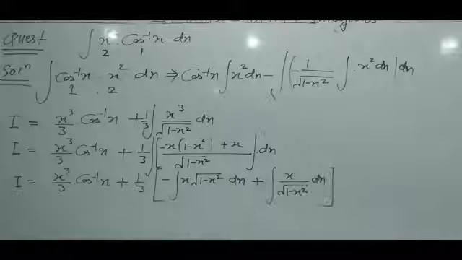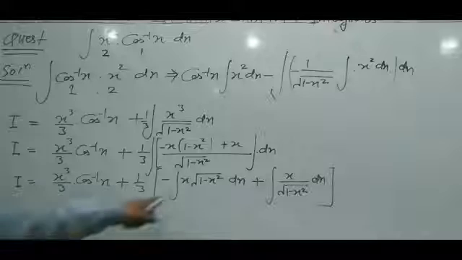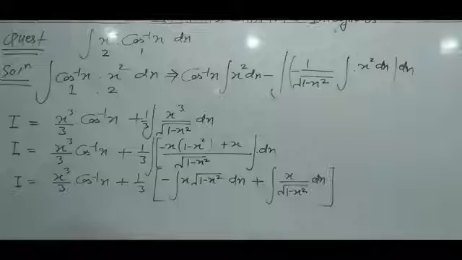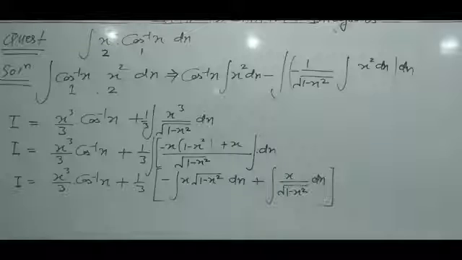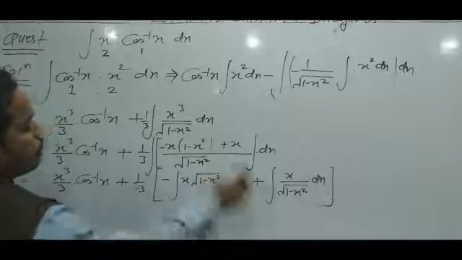Now what do we have to do? In this question, what do we have to consider? x times 1 minus x square to the power 1 by 2.